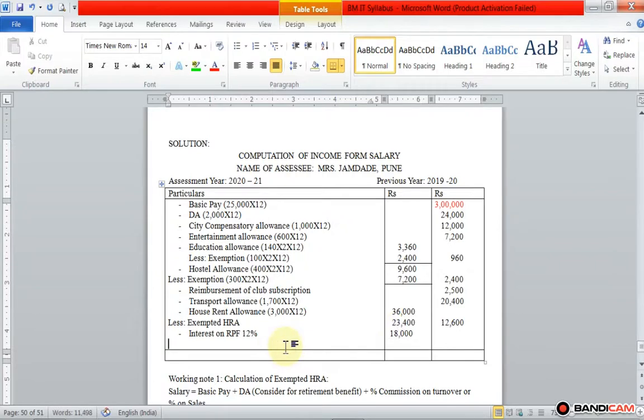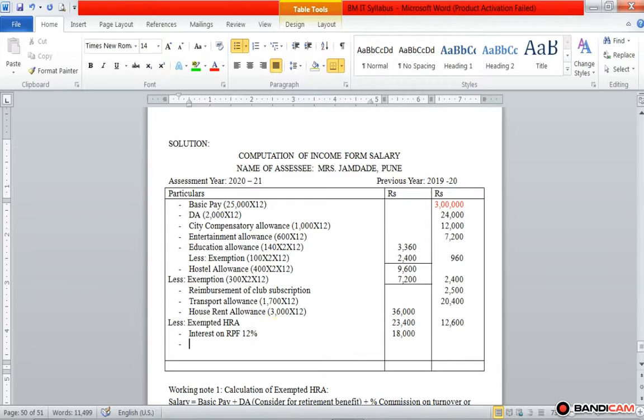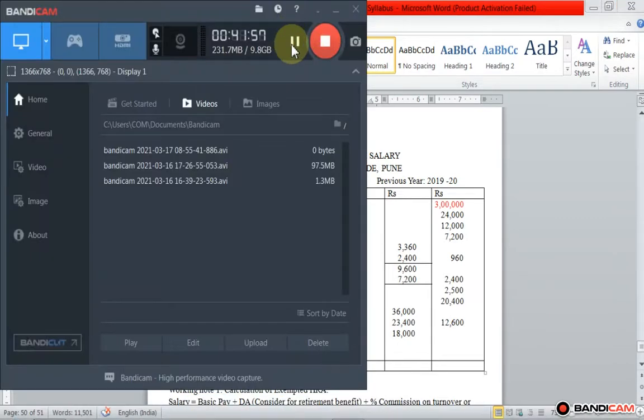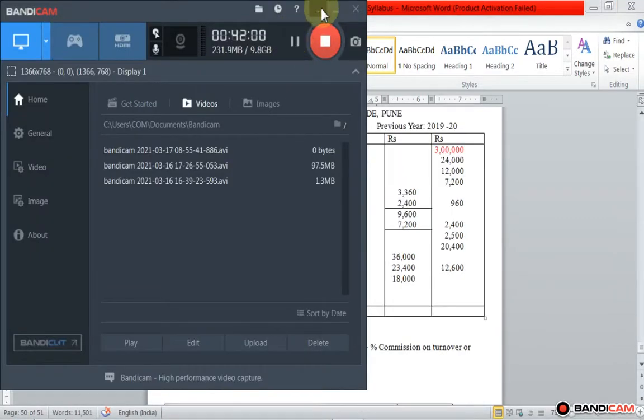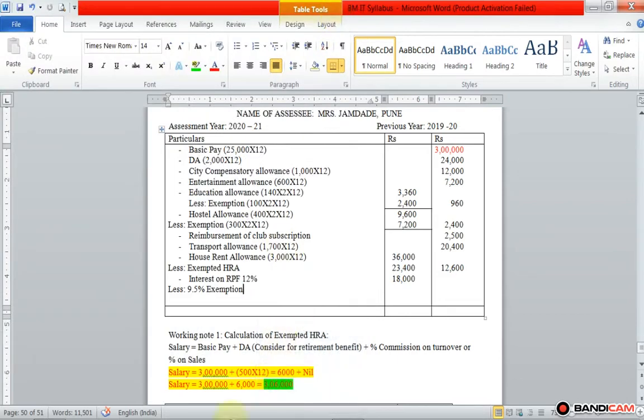So interest on RPF at 12% amounts to rupees 18,000, less exemption of 9.5%. Interest on RPF is exempted up to 9.5%.